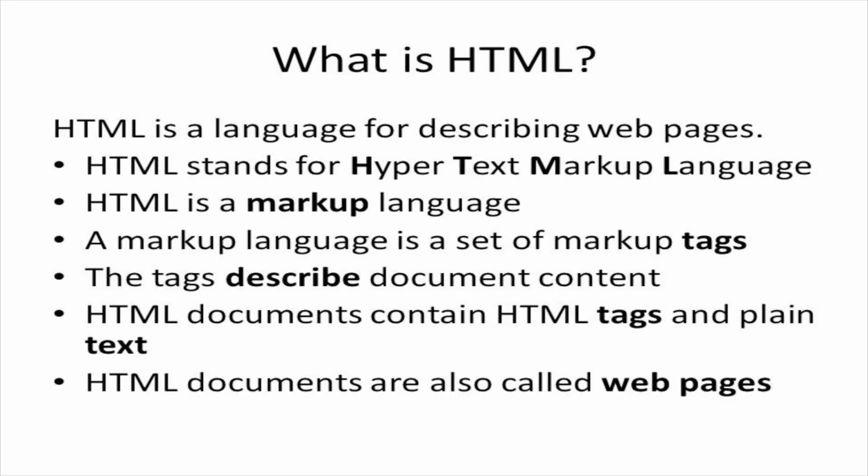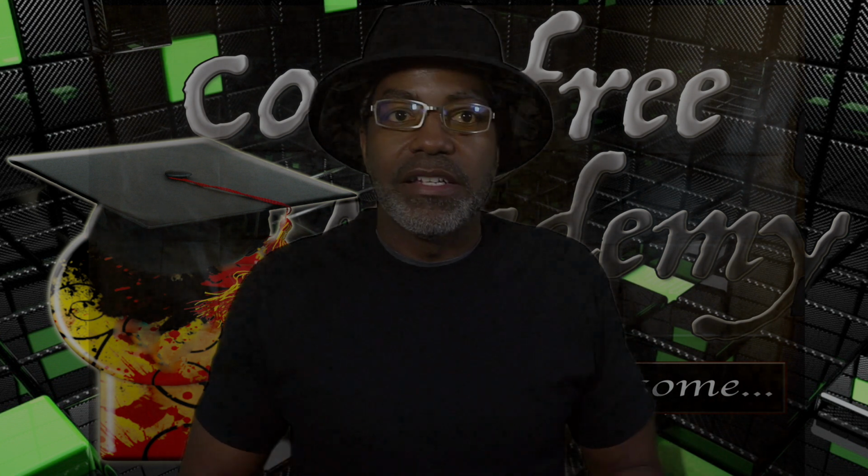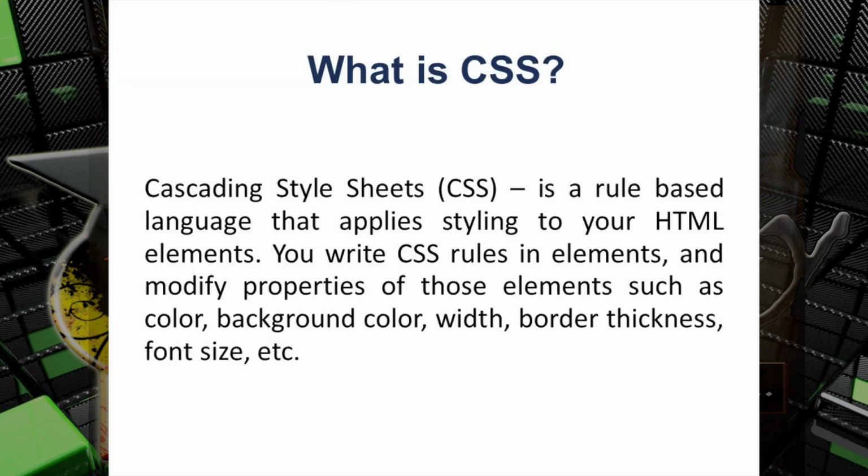HTML stands for Hypertext Markup Language, which basically is a standardized system for tagging text files to achieve font, color, graphic, and hyperlink effects on a web page or web pages. CSS, or Cascading Style Sheets, is a style sheet language used for describing the presentation of a document written in a markup language.